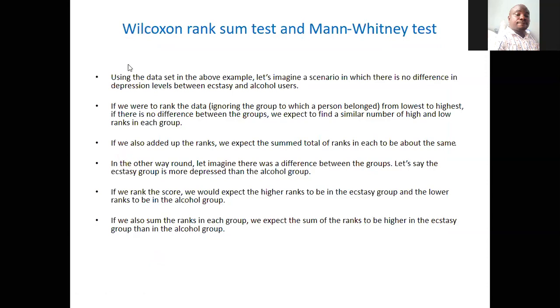So the Mann Whitney U, as I've told you before, both the Wilcoxon rank sum and Mann Whitney U are the same process. So let's use this example just to see the logic behind it, so you'll be able to understand the logic behind it. I don't start with a formula, because writing one formula for you does not make any sense.